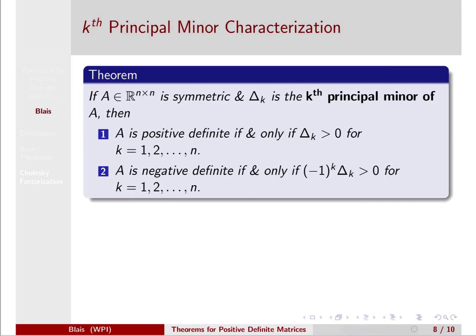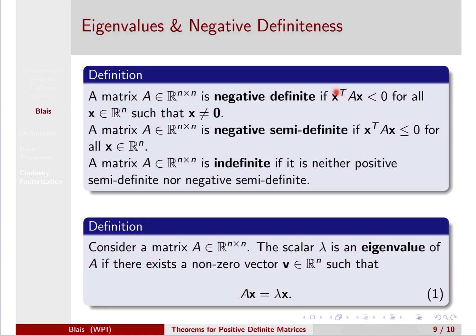Now you may say, what does negative definite mean? We define it here, and it's not really a surprise. It's the same definition as positive definite, except we reverse the sign. So our square matrix is negative definite if that quadratic form associated with the matrix is always negative for all non-zero vectors x.